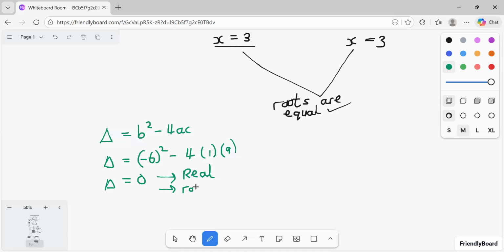It means they are real and they are rational. And we have already found that here the roots are equal. So we can then also add that they are also equal. All right. So I'm done. I have found the nature of the roots.